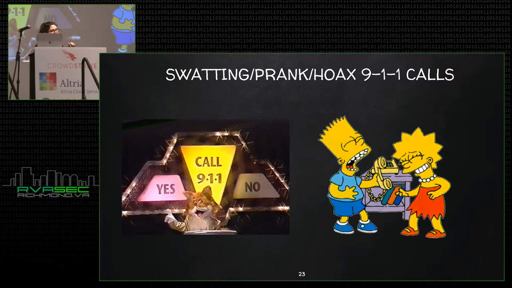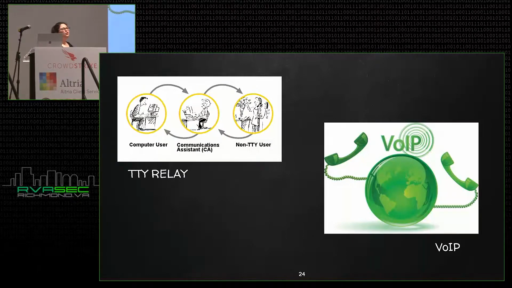So now my favorite is swatting and prank hoax 911 calls. These are starting to happen a lot more now because with voice over IP and all the technology to spoof your number, it's become easier. In the past, they would usually use a TTY relay. If you're not familiar with this, it's pretty old school.